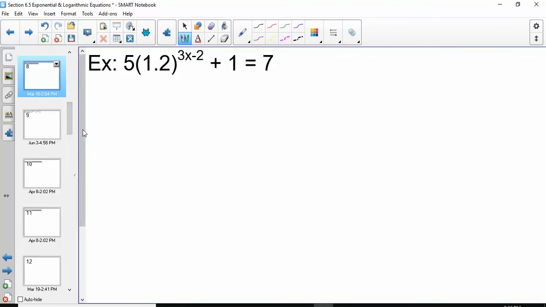Okay, just a few more before we stop for today. This one, we've done something like this already. Make sure before you add your logs you isolate it, so I first need to subtract my 1. Order of operations says you have to do exponents before you multiply, so I can't just take the 5 times the 1.2, so I have to divide it over.